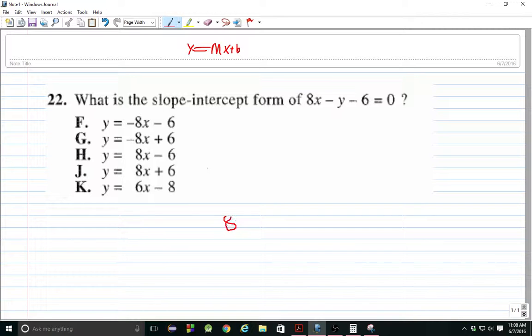So let's just write it this way. 8x minus y minus 6 equals 0. Well, that means 8x minus y equals 6.